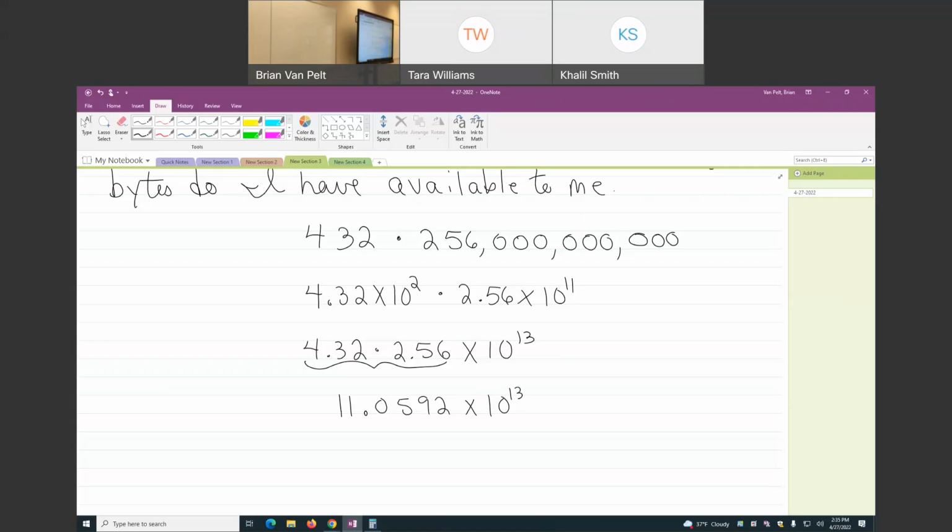Didn't give you that, did it? It did 1.1. So I have to take this decimal and move it one place over there. That means I need to add 1 to that exponent if I want that decimal to be in that spot. We have 1.10592 times 10 to the 14. Exactly what you said.